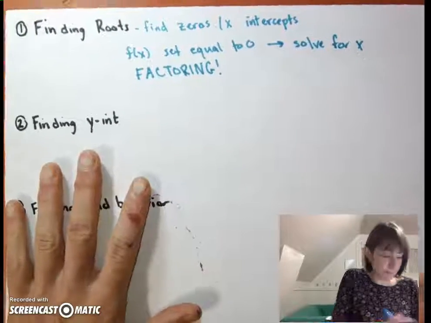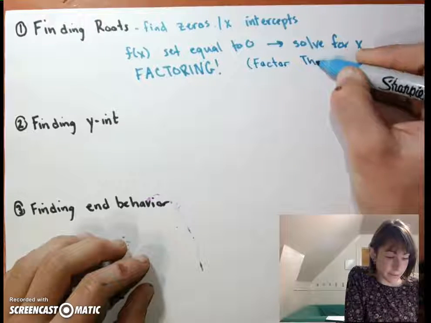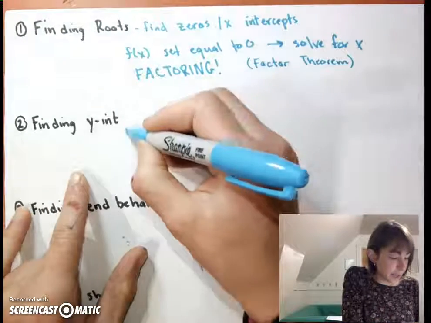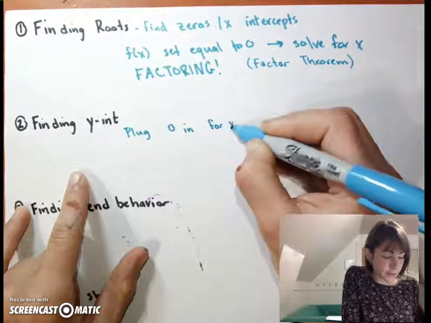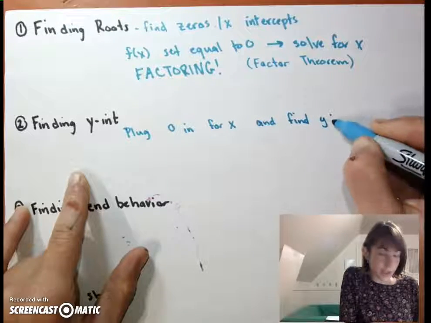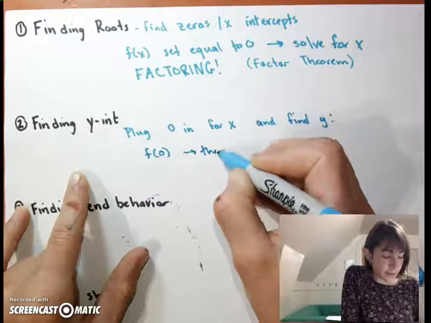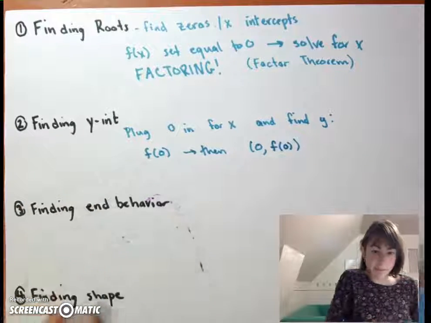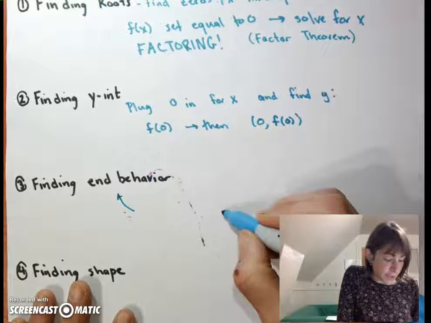That's just the factor theorem, which you've seen before in section 2.3. To find y-intercepts, I plug 0 in for x and find y. So in other words, do f of 0, and then (0, whatever number I got for f of 0) is my y-intercept.